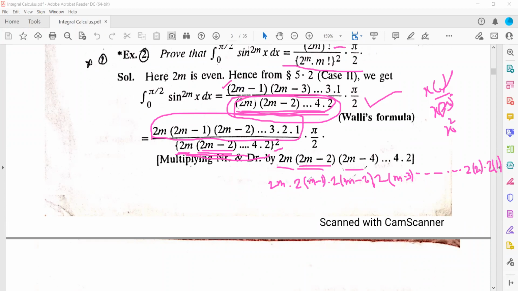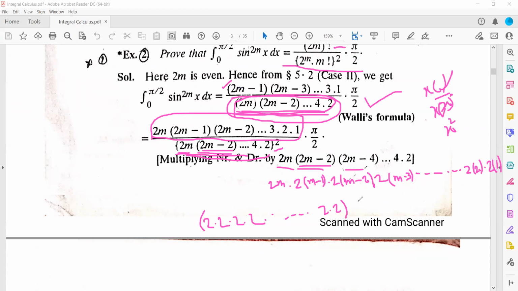Okay. So now see, every term has 2 common. So this 2 into 2 into 2 dot 2 into 2, I'm writing together because all are multiplied.